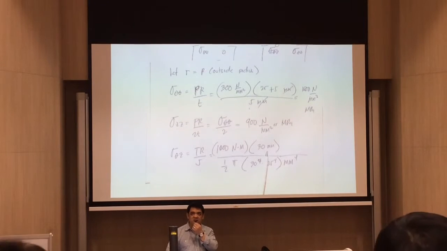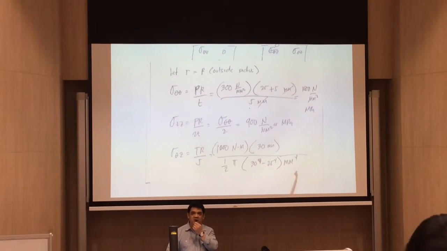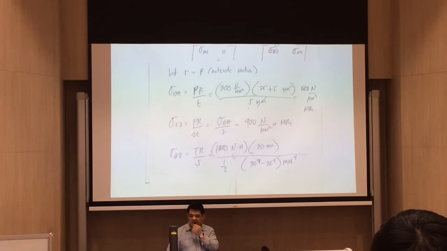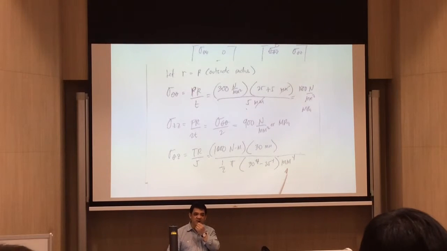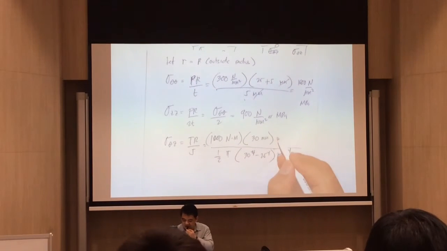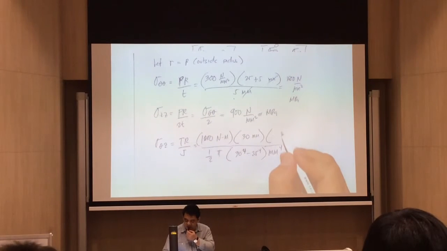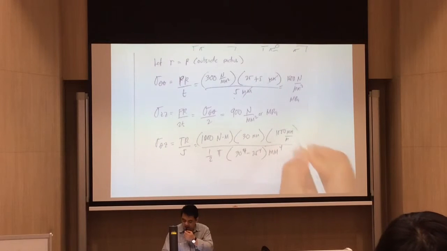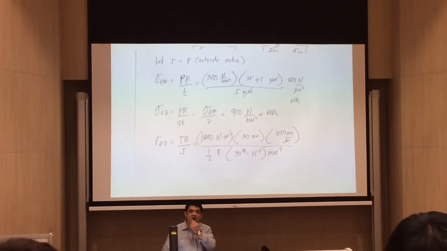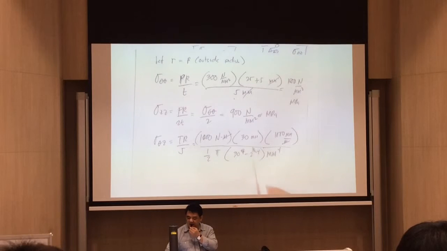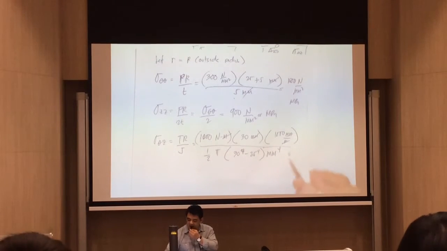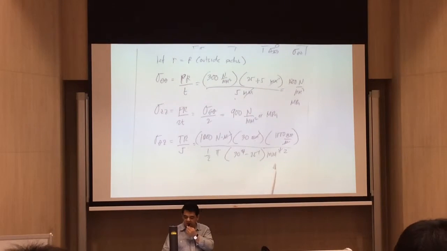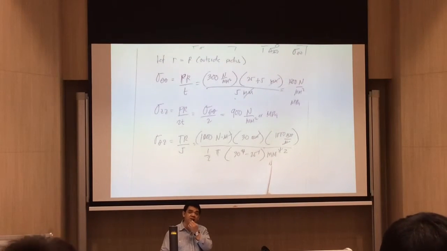So if you have meter times millimeter squared over millimeter to the fourth, you can cancel out, and you get Newton per millimeter squared, that is a megapascal. So you have to be consistent with your units here. This one will be 1,000 millimeter per meter. Cancel that, so this one is millimeter squared already. So your units here will be Newton per millimeter squared or megapascal.